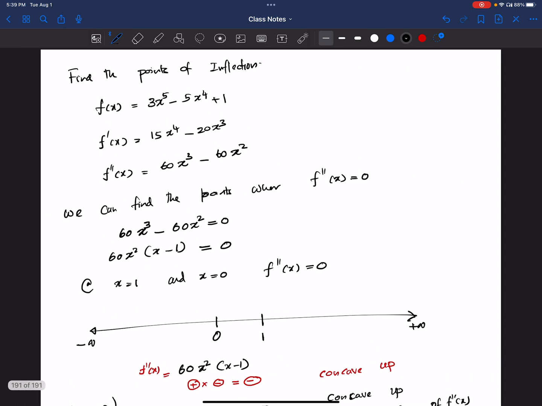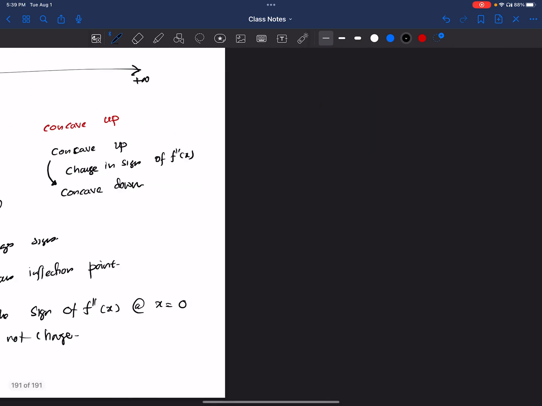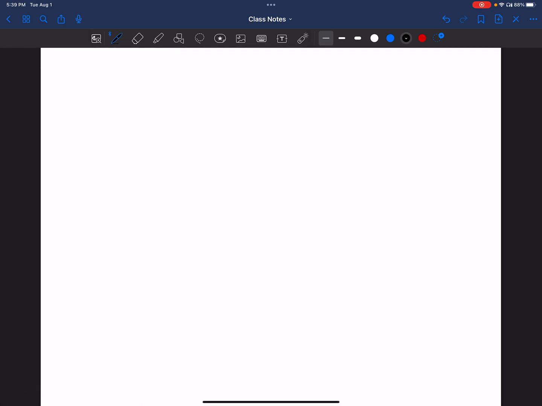Now, what are the critical points of this function? If you want to find the critical points, that means where f prime of x is 0, right? Those are the critical points. And also places where f prime of x does not exist. Those are the critical points. So let's find the critical points.